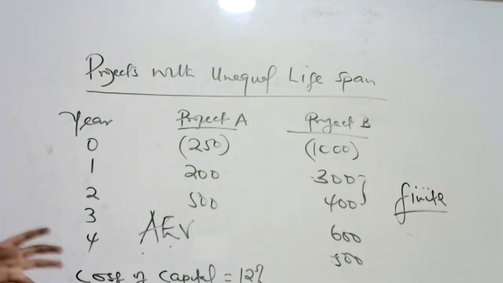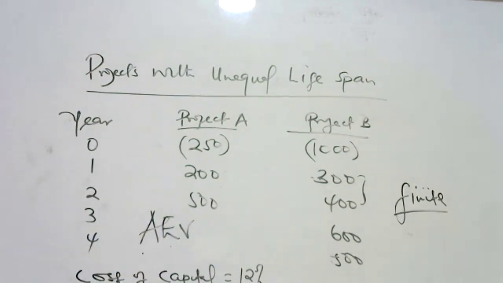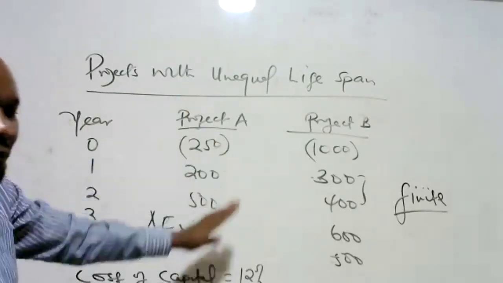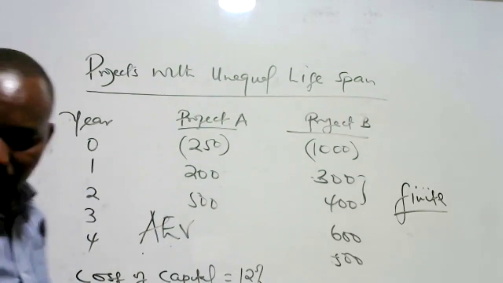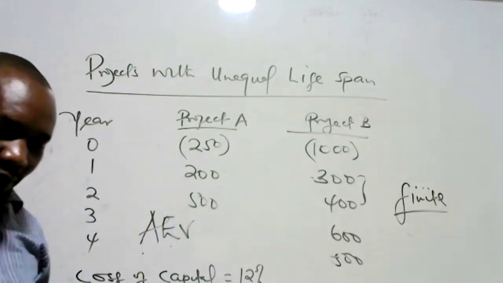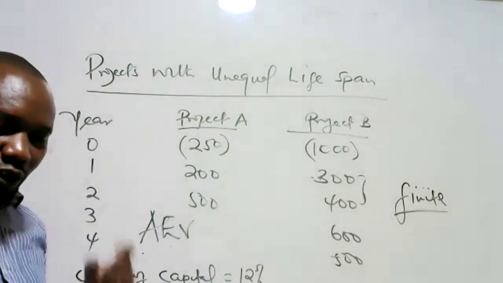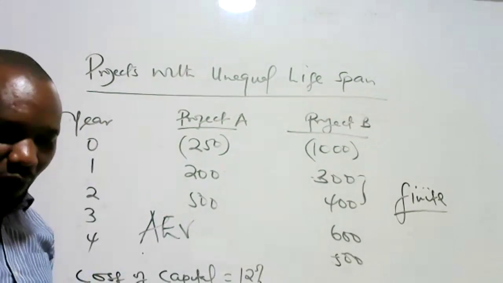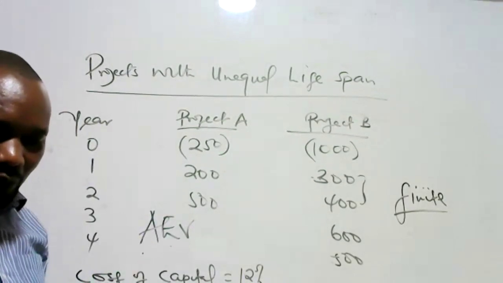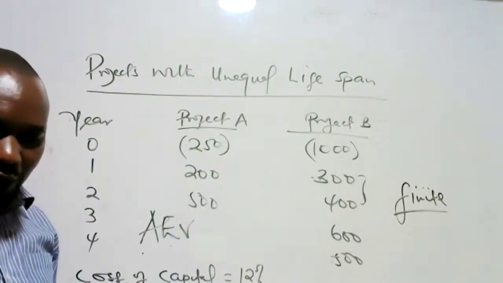It is normally used to evaluate projects where they have different lifespan. Where projects have different lifespan, use 2 methods. The first one is called constant scale finite period replication criteria, and the other one is annual equivalent value. Then the last one, they're telling you to make a decision on which project to undertake.